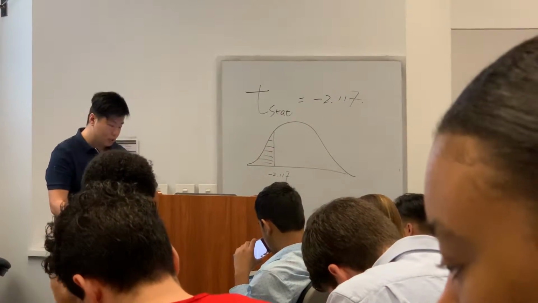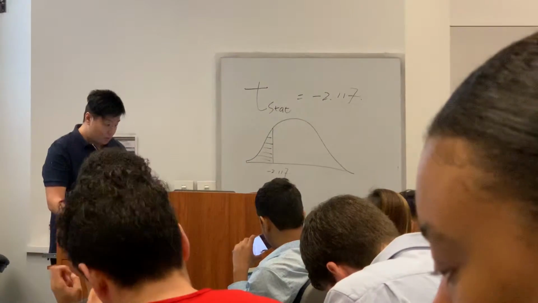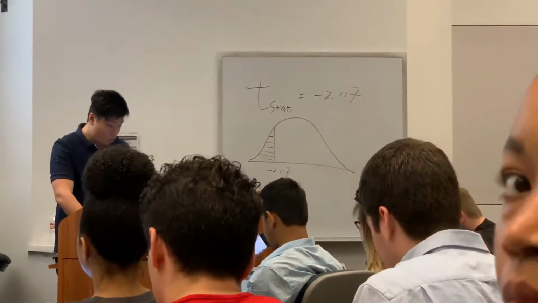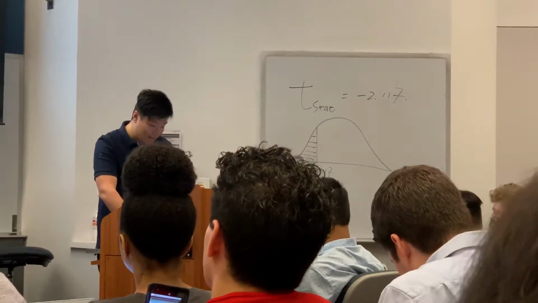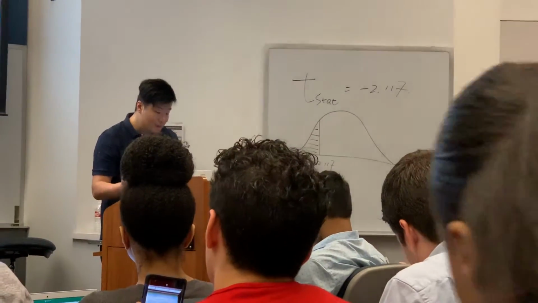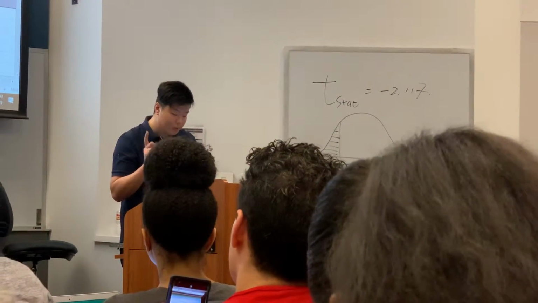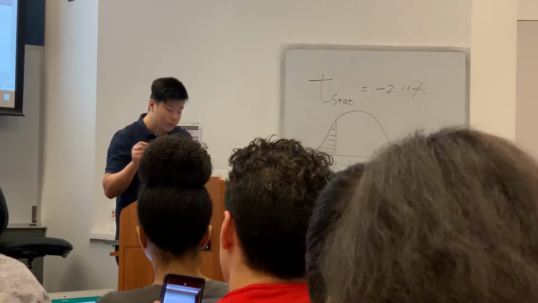Now I go to the t-table again. Row 74. Where is 2.117? 2.117 is in between 1.993 and 2.378.